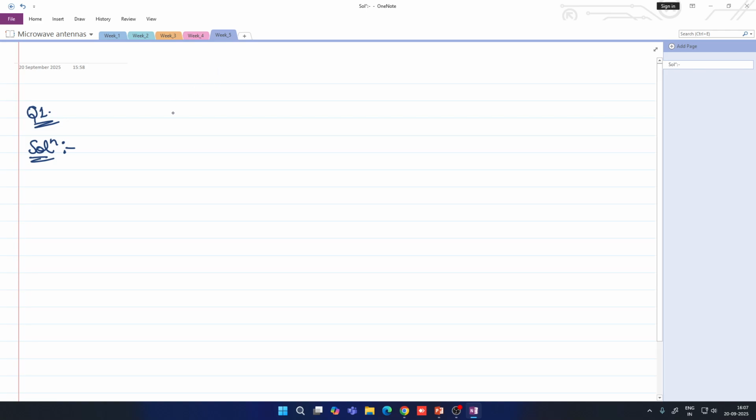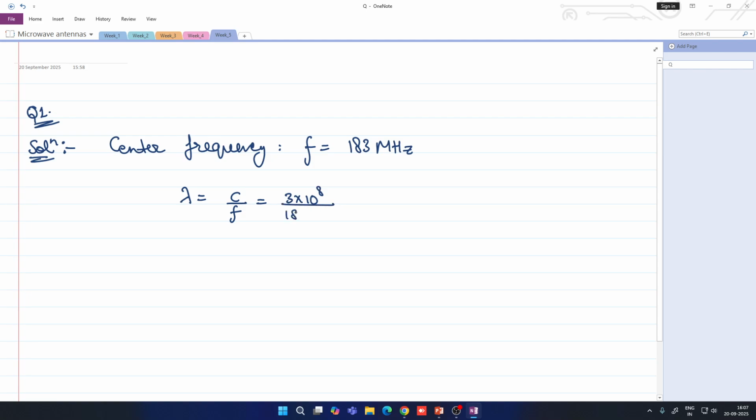First, the center frequency of channel 8, the desired channel that we want to receive using the Yagi-Uda antenna, is given as 183 megahertz, and the wavelength from this we can find as c by f, which is approximately 1.64 meters.